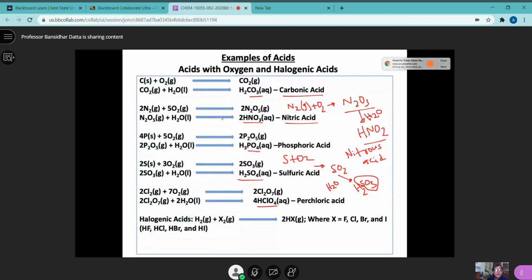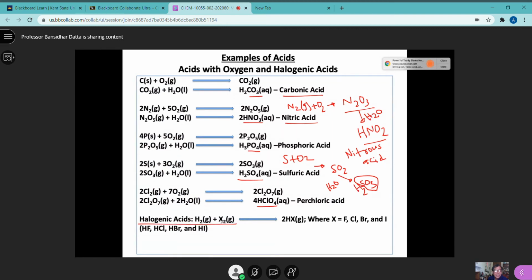So these are the acids. I just gave you some, and you can also have perbromic acid, periodic acid, perfluoric acid. Not much known, but that's okay. So halogens can also make these acids. Now, these acids all contain oxygen. Halogens can also make acids without oxygen, the halogenic acids.